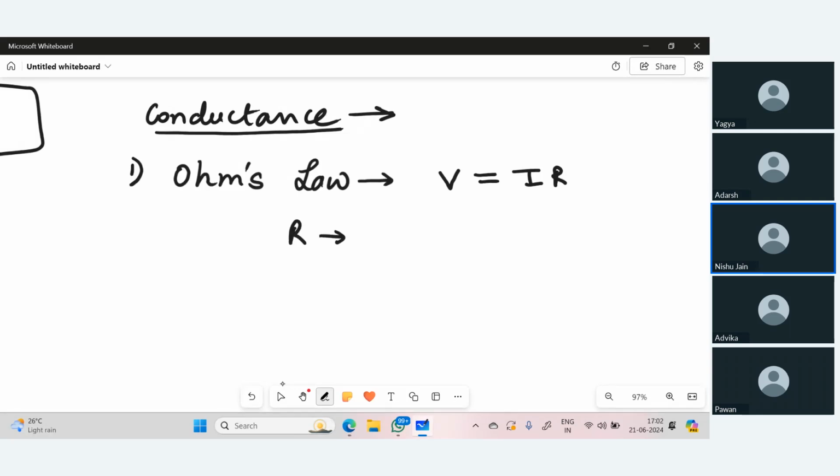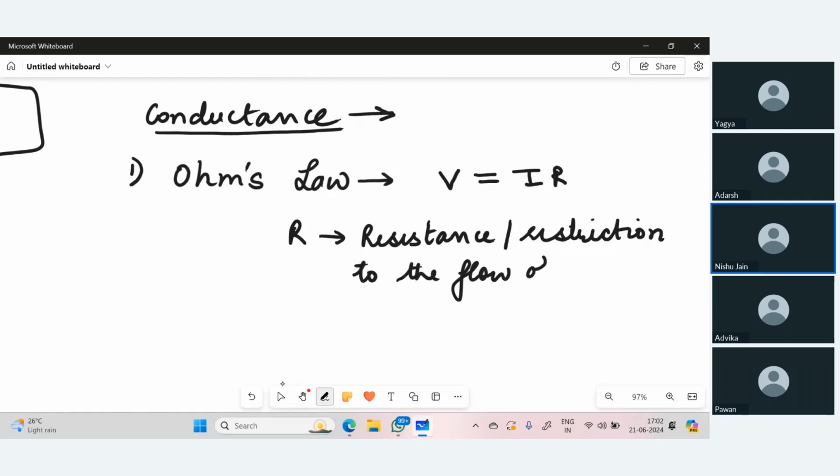R is resistance, which is the restriction to the flow of current. More the resistance, lesser the current flows. Units for R is ohms.